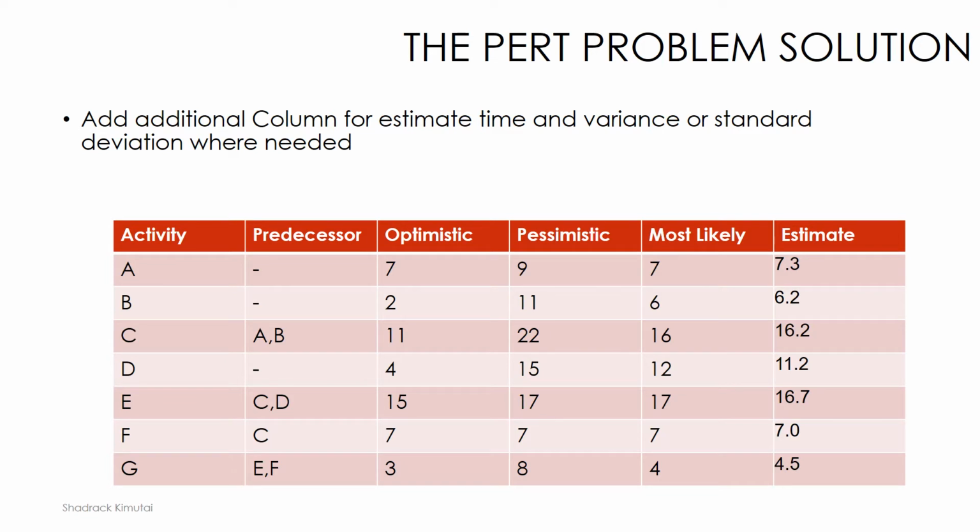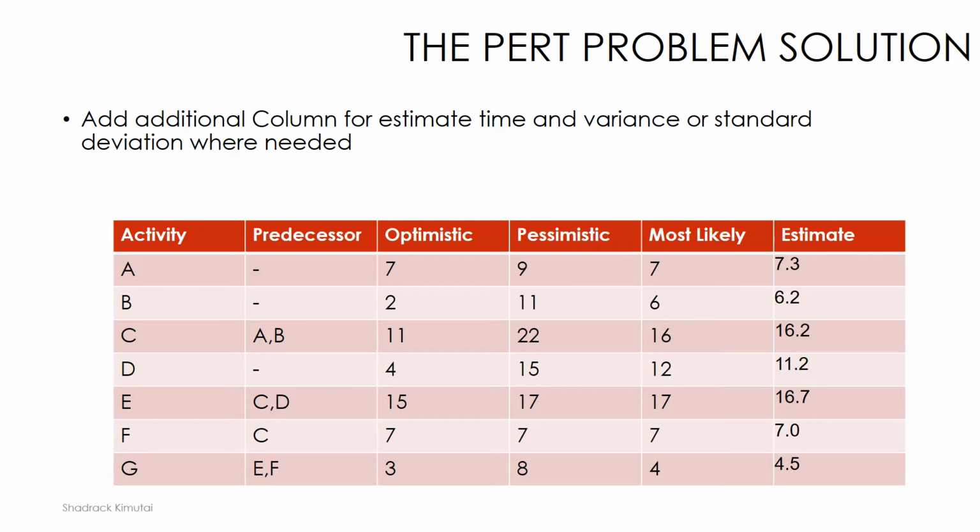Another thing that you'll observe when you are working out the table is that the estimate time tends to hang around the most likely time. In the case of B, we have the optimistic being 2, pessimistic being 11, but the most likely time being 6, and the estimate is 6.2.